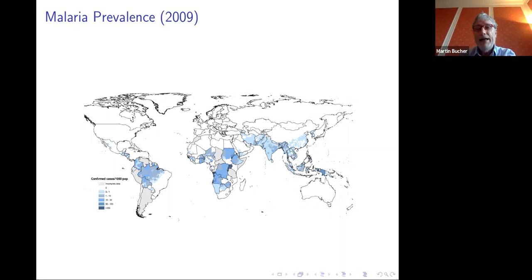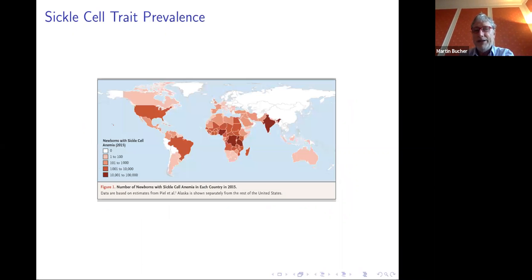And the argument, which turns out to be correct, is that the sickle cell trait provides some sort of advantage to fighting off malaria.